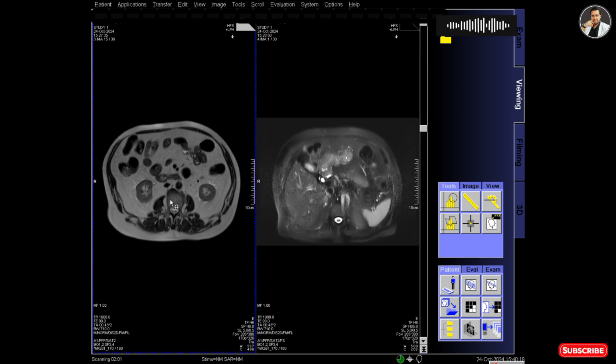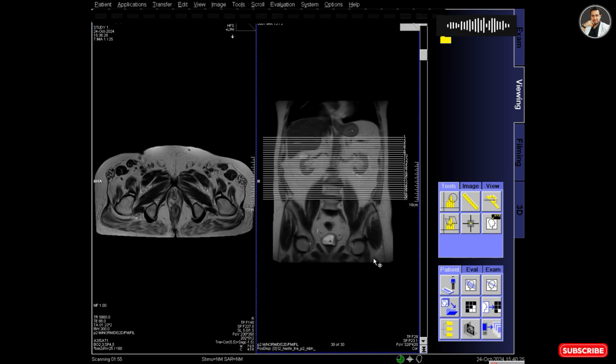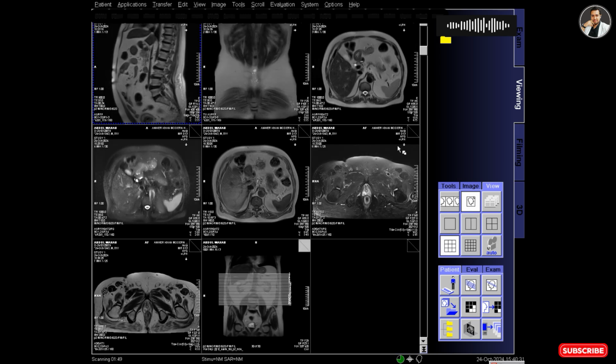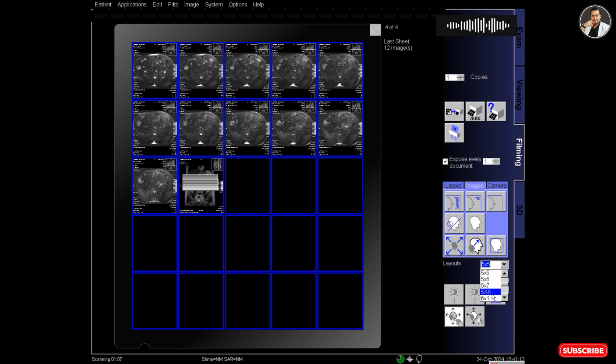So this is a T2 Hest axial. For printing, select the series and send it to the filming, and also the reference image. And also send the T2 fat set axial to the filming. I am trying to change the layout of the film.